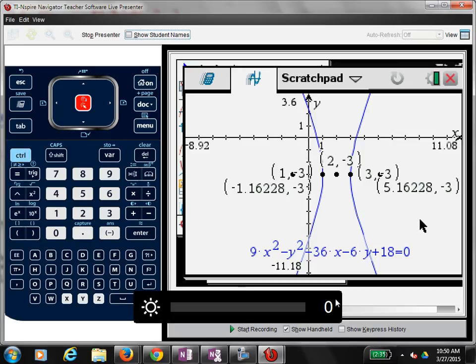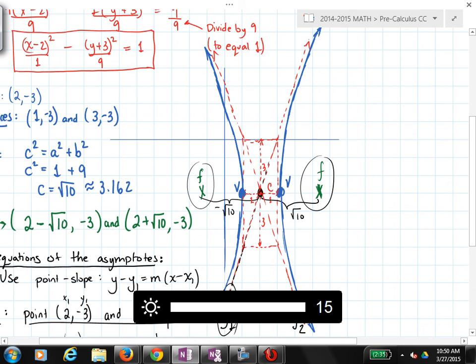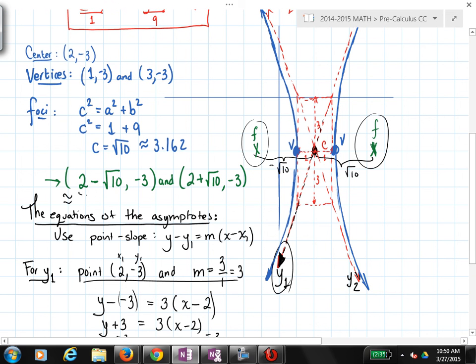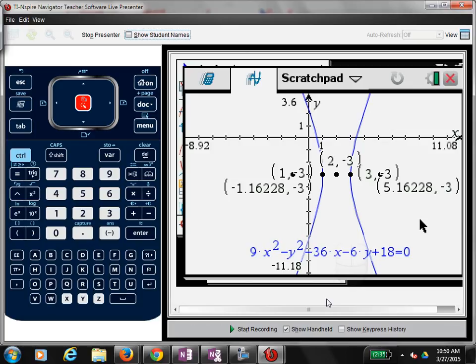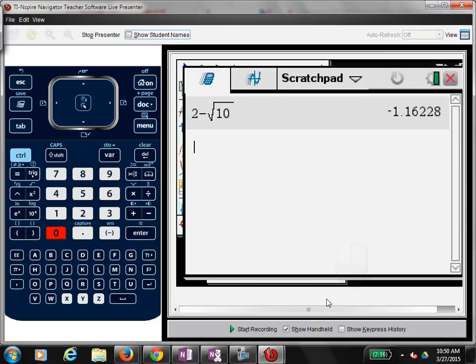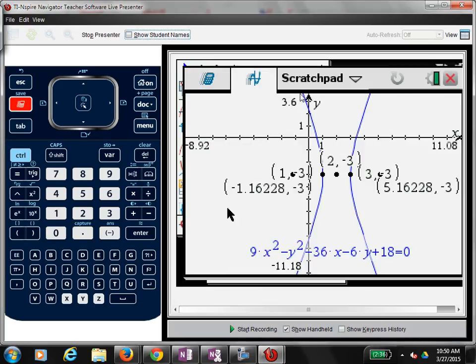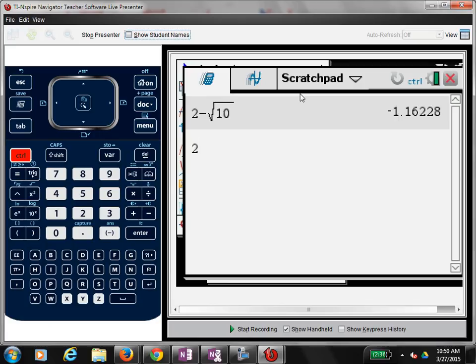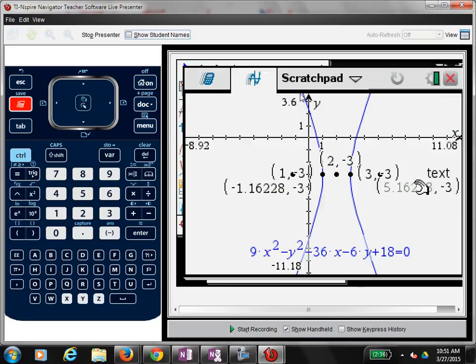If you want to put the approximations down here, like this one right here, I can just go to my calculator and do 2 minus the square root of 10, and you see that it is in fact negative 1.162, and it confirms that on my calculator. You can do the same thing for this one. If I do 2 plus the square root of 10, I get 5.1628, which is what we got for the x over here.